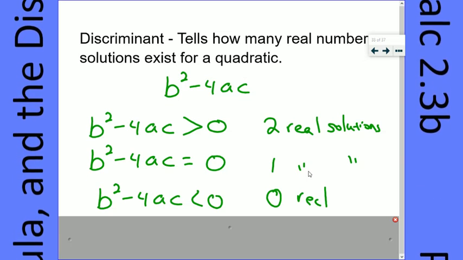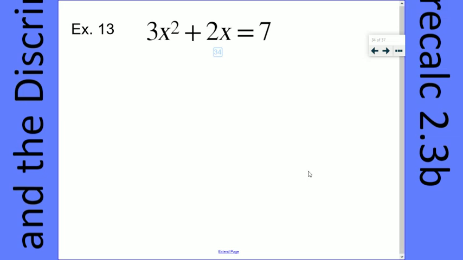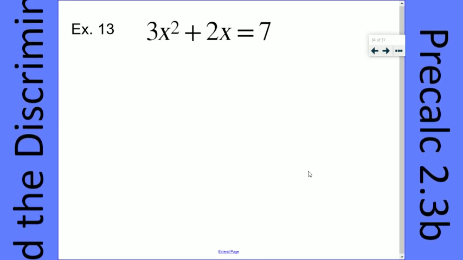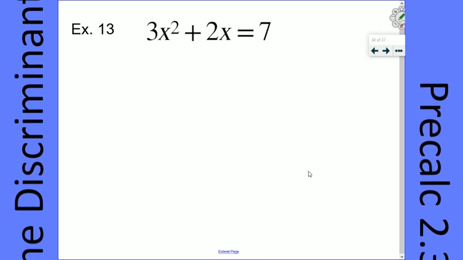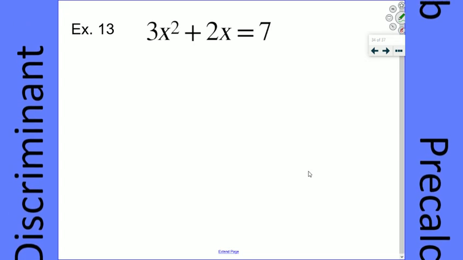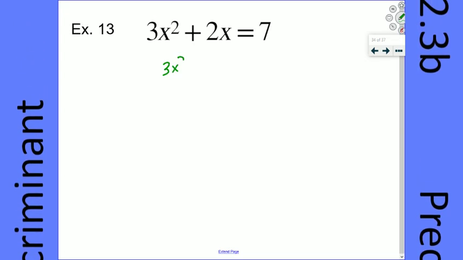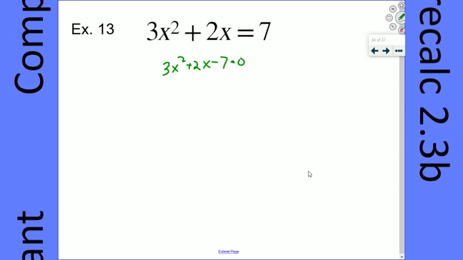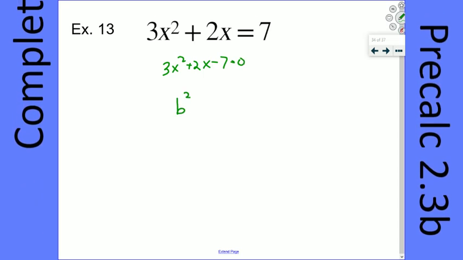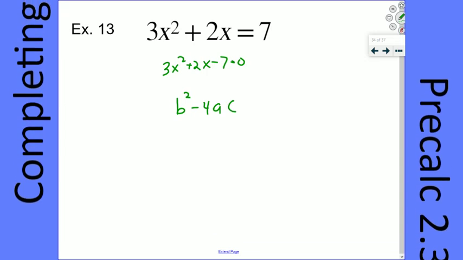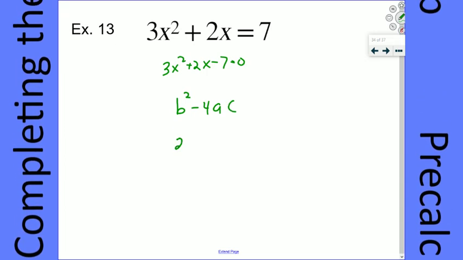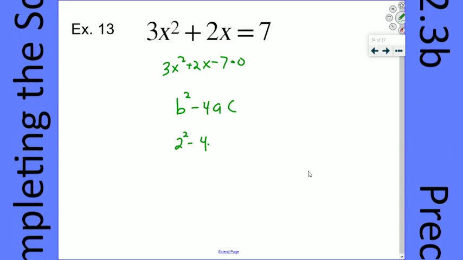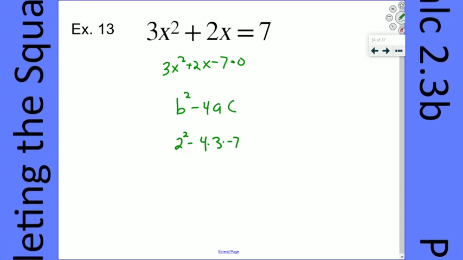Okay? So, let's take a look at this. How many real number solutions does this guy have? Well, again, we need to move everything over so that way we can use our quadratic formula. So 3x squared plus 2x minus 7 equals 0. So we're looking for b squared minus 4ac. Well, in this case, b is 2, so 2 squared minus 4 times 3 times negative 7.